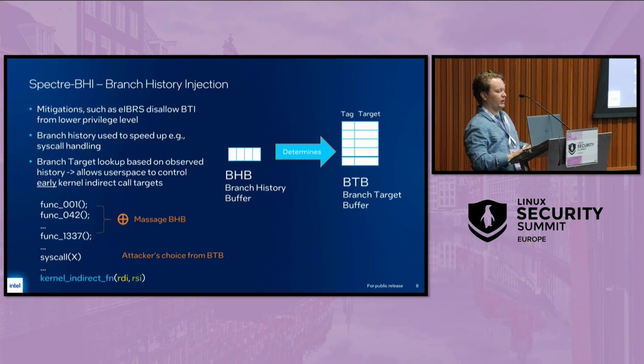Here, for example, is what can happen. You have an attacker that does a bunch of different function calls, which massages the branch history buffer, and then when an indirect call happens in the kernel, it will speculate to whatever tag the attacker crafted with the history that they created.